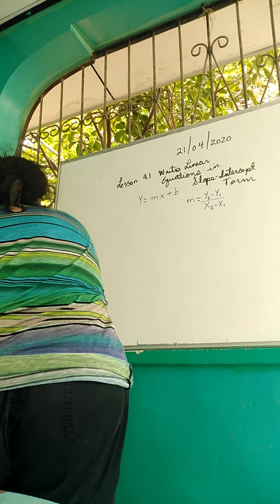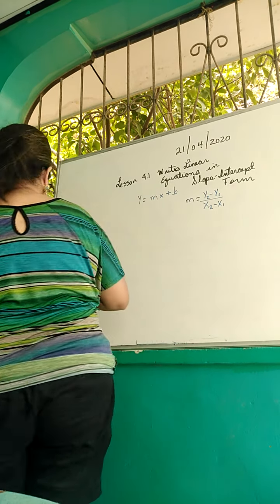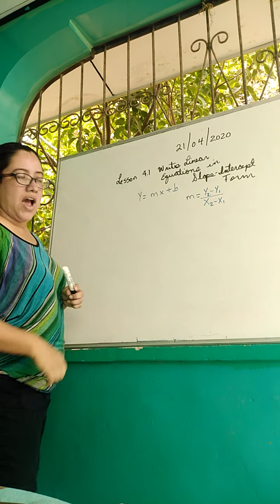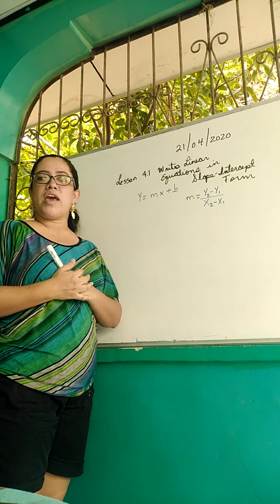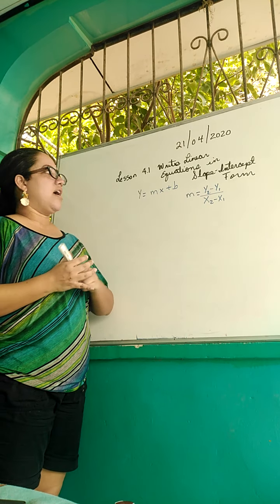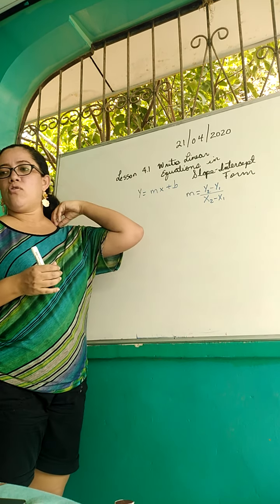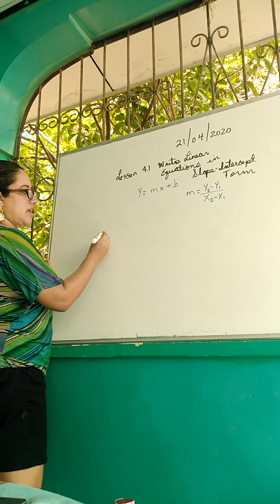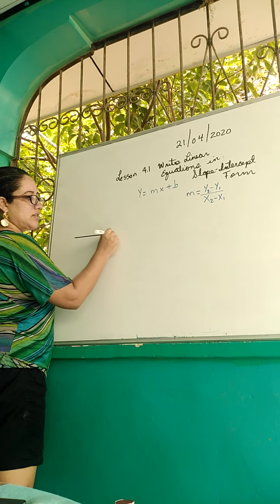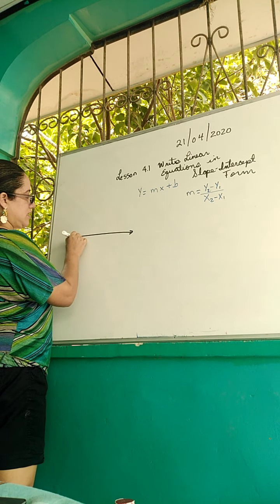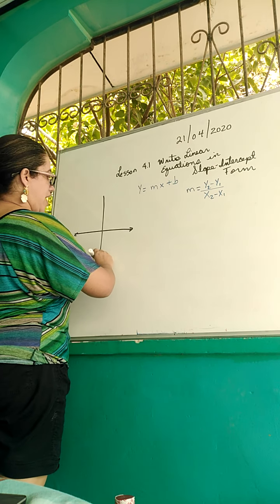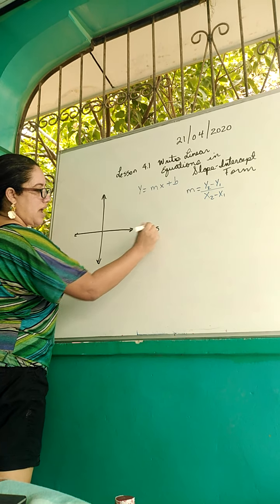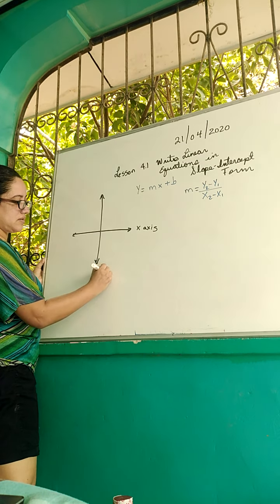So in here, what is the assignment that you have to do? You have to be able to calculate this formula according to a graph that you will have. For instance, remember this is the x-axis and this is the y-axis.